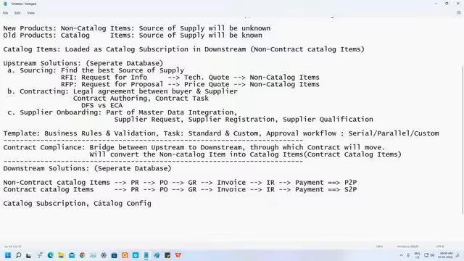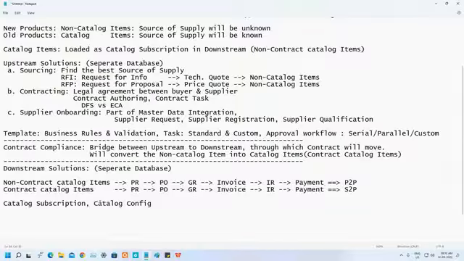Now, of course, you cannot show millions of catalog items to every user. So you want to control their visibility, to which users you will show which catalog items, that you can configure. Similarly, there can be multiple.